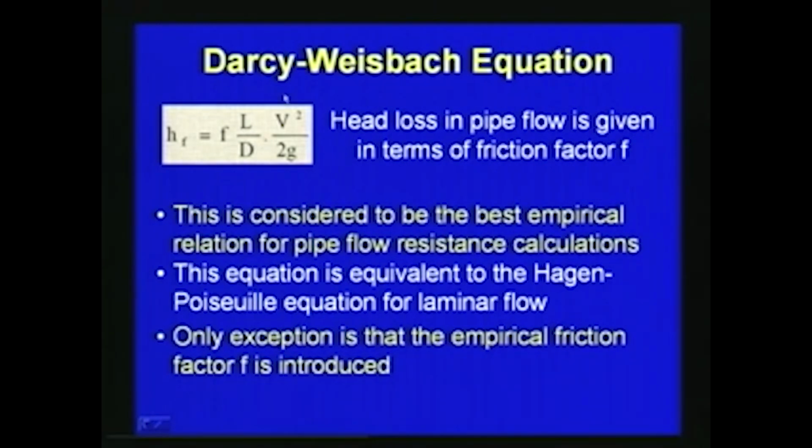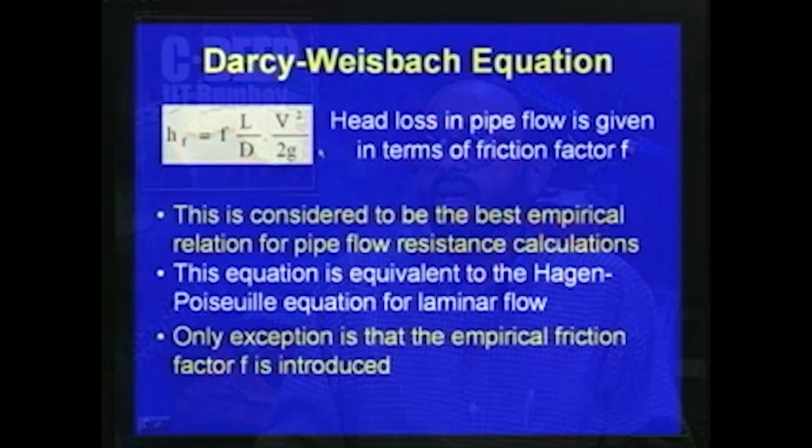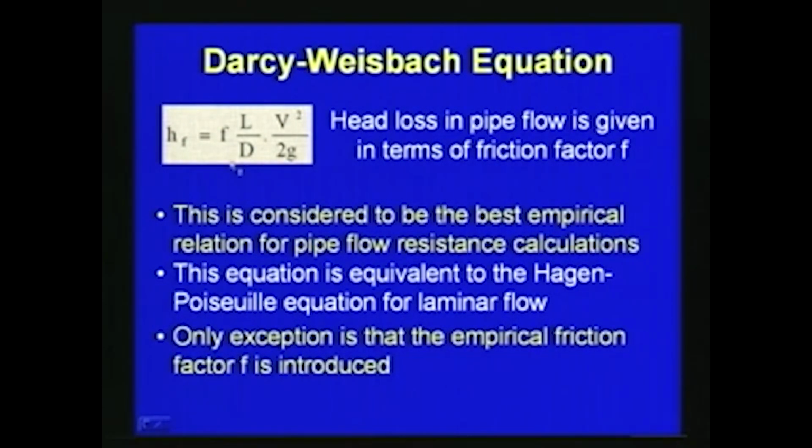So, with this Darcy-Weisbach equation, we can calculate the head loss for any kind of pipe flow system in terms of the friction factor F, the length, velocity square and the diameter of the pipe. This Darcy-Weisbach equation is considered to be the best empirical relationship for pipe flow resistance calculation.